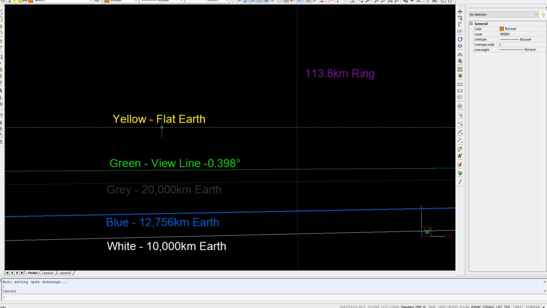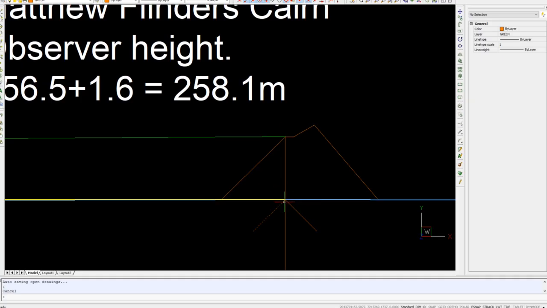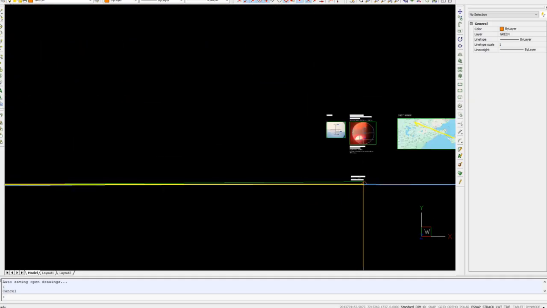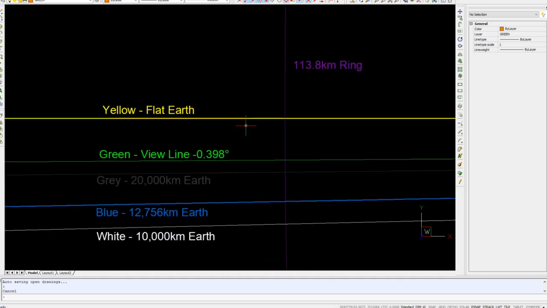That's level with the bottom of that mountain. So the yellow line starts from the very bottom, right below the mountain. Okay, so the yellow line is here, and as you can see, the green view line is already looking below it.